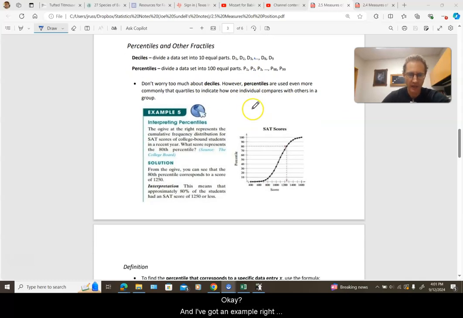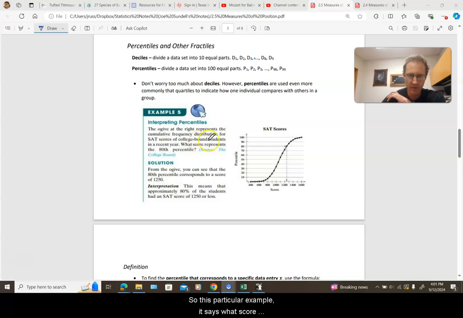And I've got an example right here of some SAT scores. Anytime you see a graph like this, this is an ogive, it's going to be increasing. If you're looking at this, you can see that for each score, or each point here, there's a corresponding percentile.